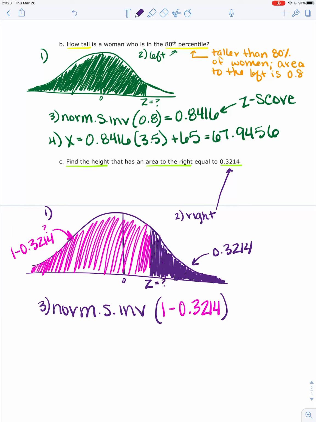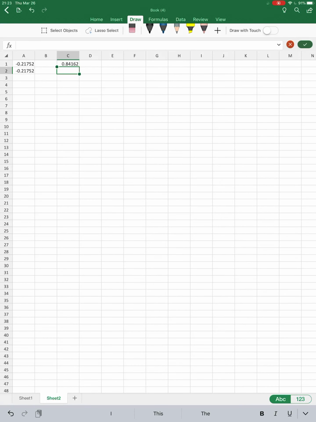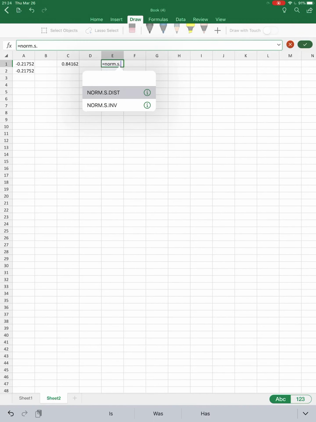Okay, so we're going to plug this into Excel, and the answer is going to be the z-score that corresponds to this area. So, coming back into Excel, going into a new column, norm.s.inverse, 1 minus 0.3214.